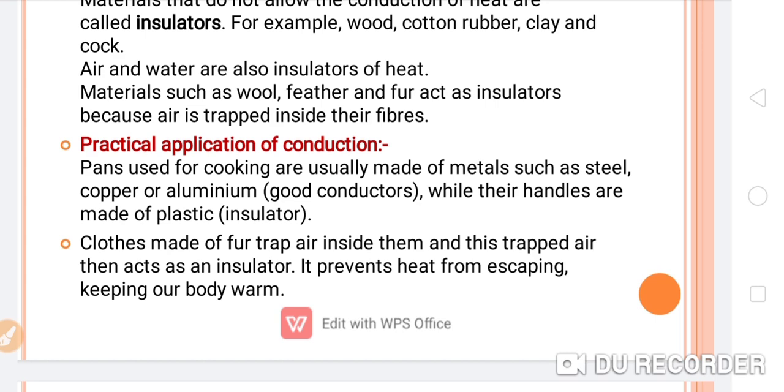So this is the reason we wear woolen clothes during the winter. Why? Because these woolen clothes trap air, and this air is a poor conductor of heat. Due to this, our body will not lose its heat to the surroundings.